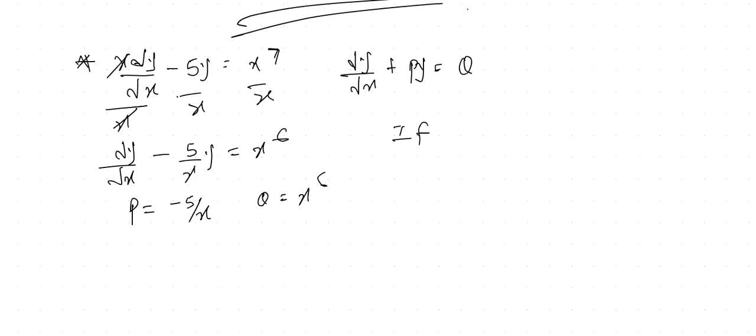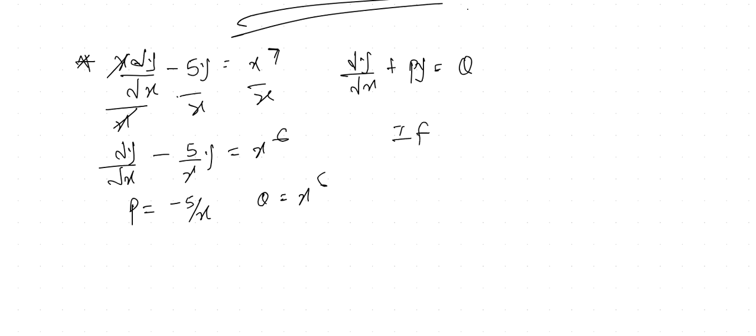That's 1 over x raised to the power of 5, and q is x raised to the power of 6, multiplied by 1 over x raised to the power of 5 dx. Then y multiplied by 1 over x raised to the power of 5 equals the integral of x raised to the power of 6 over x raised to the power of 5 dx. So you notice this will cancel, it will become x. So we have the integral of x dx.